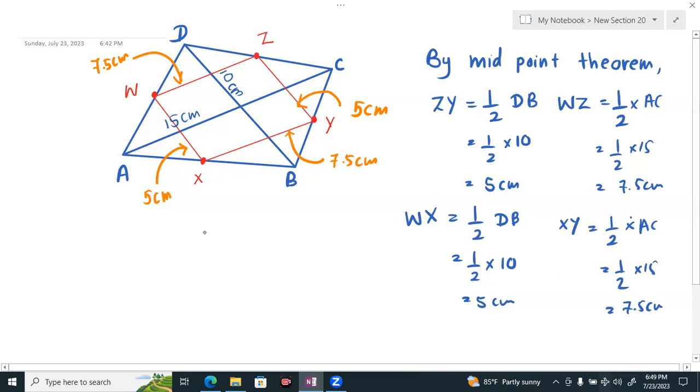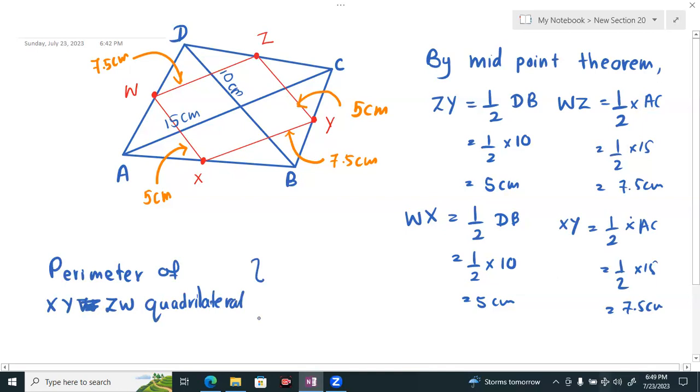But we have to find the perimeter. Okay. Then the perimeter of the quadrilateral XYZW is equal to 5 add 5 add 7.5 add 7.5.